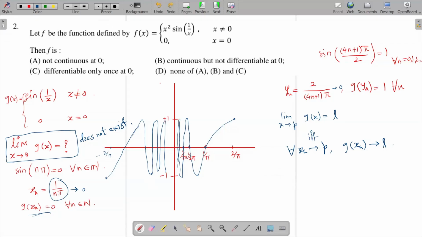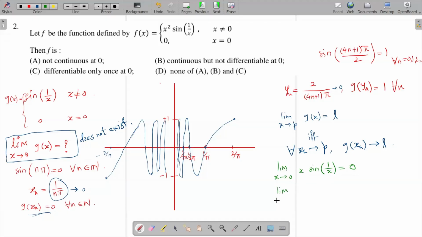Limit x goes to 0 of x sin 1 by x not only exists, but it is 0. And that's easy to observe because this is a bounded function and limit x goes to 0 of x is 0. So f into g, where g is bounded and limit f is 0, f into g का limit भी 0 होता है. ऐसा एक result है जो use हो सकता है.